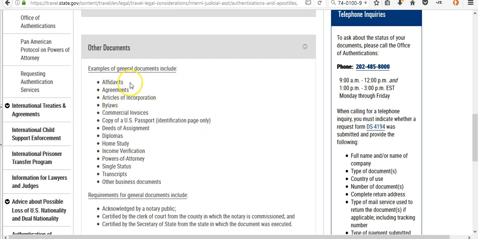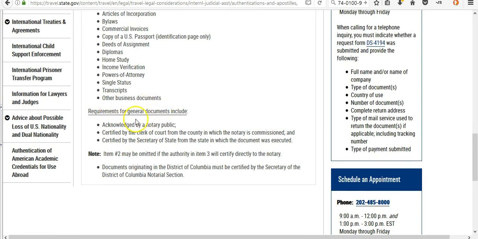We have, first on the list, affidavits, agreements, articles of incorporation, bylaws, commercial invoices, copy of U.S. passport, diplomas, deeds of assignment, all this stuff goes down the list, right? And look, check this out. Look at this right here. Single status.